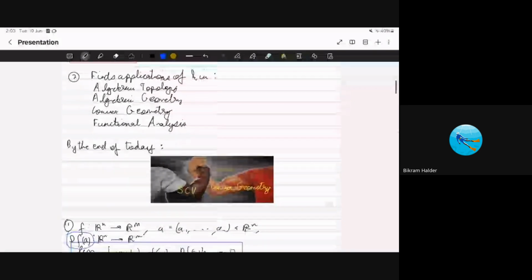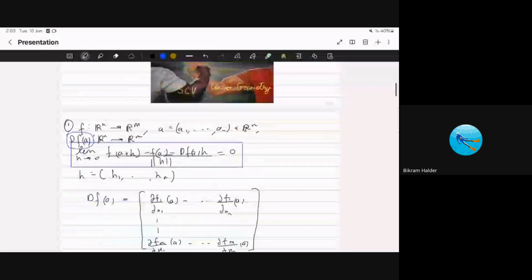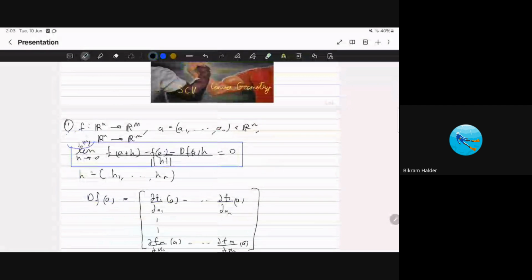So let's start with something that we all know, that is how do we define differentiability for multivariable functions from Rn to Rm?